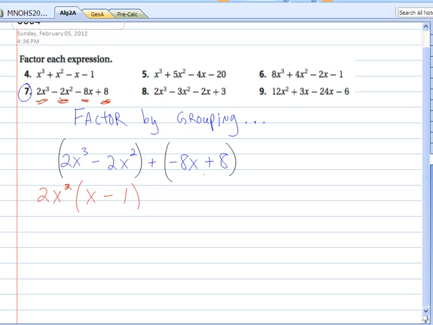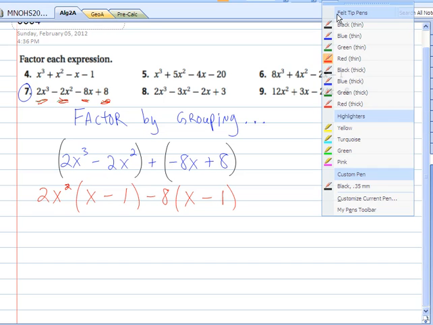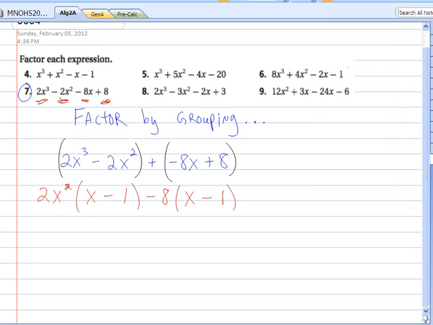In the second group, I'm going to factor out a negative 8, and then notice what I have left. If I take the negative 8 out, I have an x left, and then if I take a negative 8 away from here, I'm going to be left with a negative 1. Now, this is the key part to factoring by grouping.